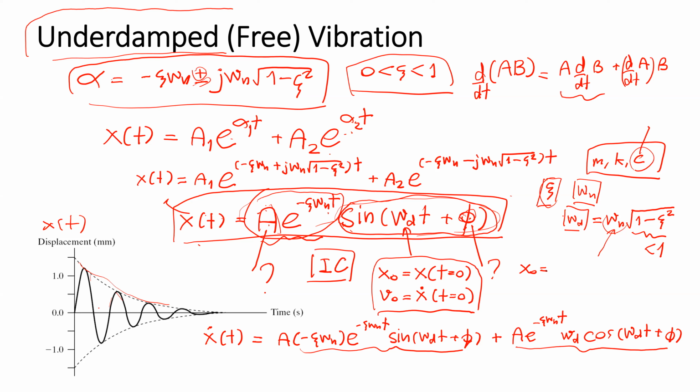When t equals 0, the exponential is the exponential of power 0, which equals 1. So we will have only A sine phi, and also omega d t is 0. So we have only A sine phi equal to the first initial condition, x0.